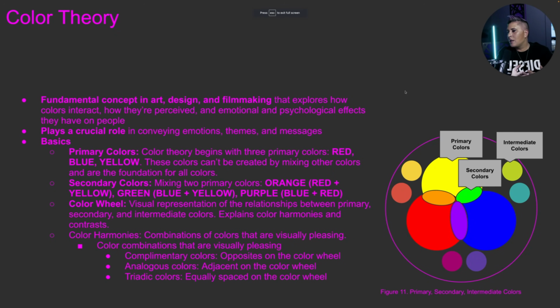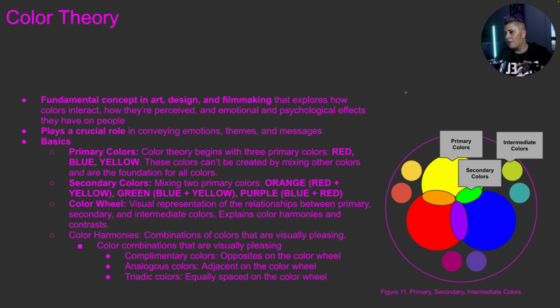Okay, next let's talk about color harmonies. This is important for you as colorists to understand how colors are complementary to each other, so you don't break that rule, colors that are analogous to each other, and what are called triadic colors. Color harmonies are combinations of colors that are visually pleasing to the human eye.